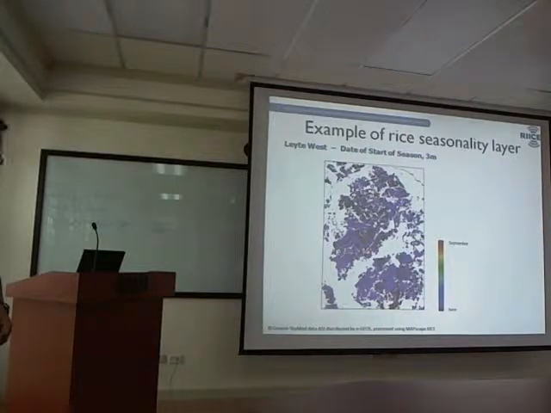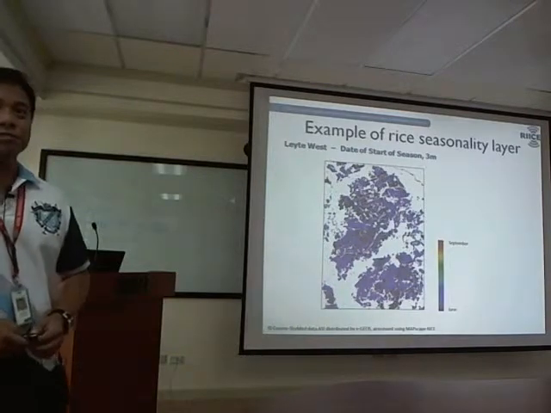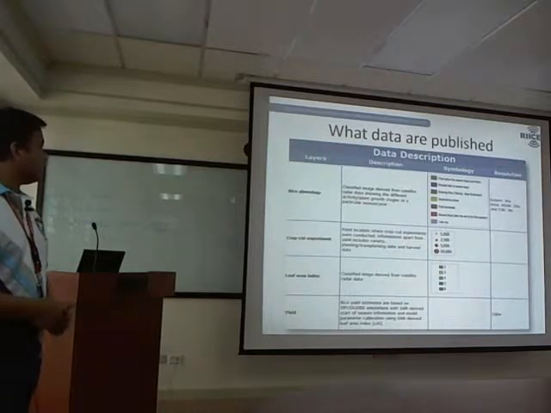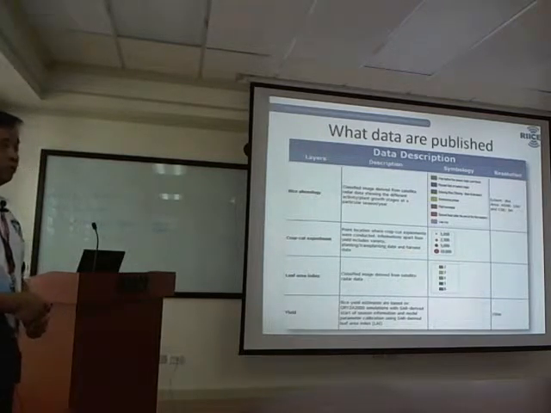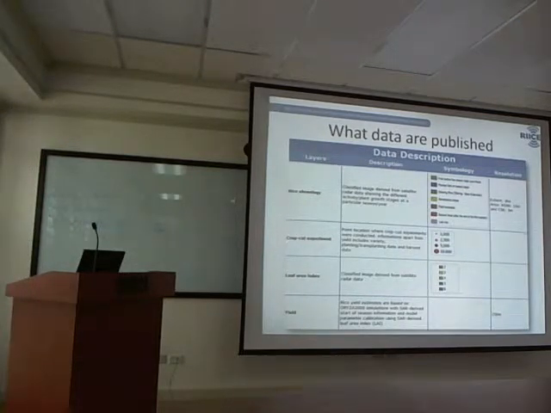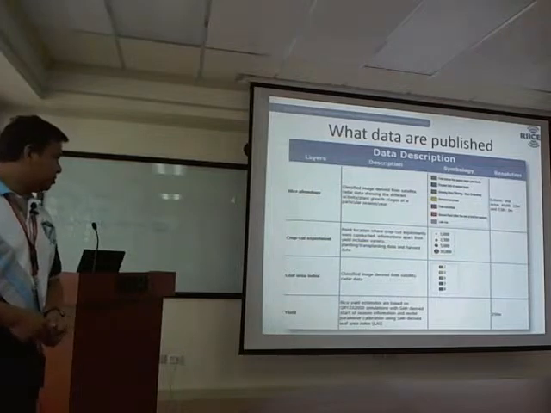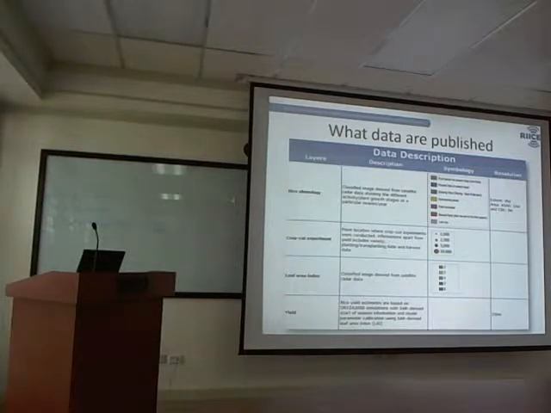It shows at each field the date or approximate date when a particular field was planted. Other information includes rice phenology or growth stages, crop cut experiment, leaf area index, and yield arising from the IRRI-SSD 2000 simulation model.